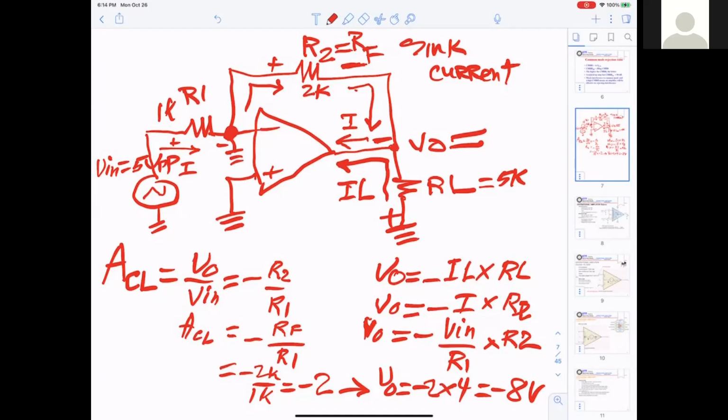It is your V in times your feedback resistor divided by your input resistor. We already calculated that. The gain equals -2, right? Right. So the output is -10.